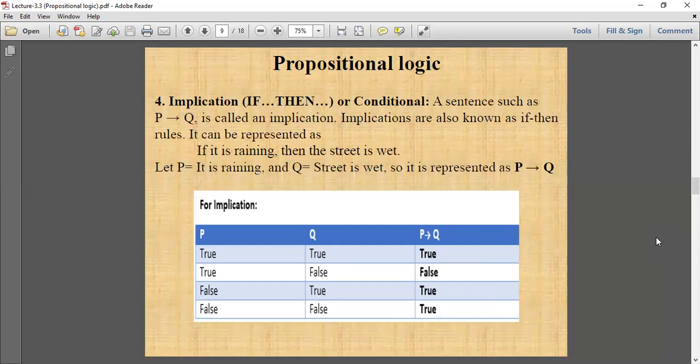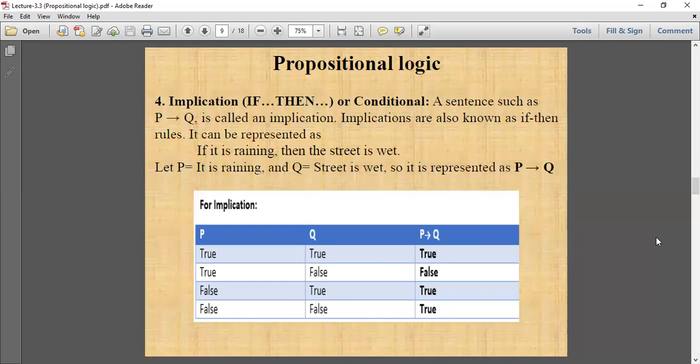Then implication. You can represent it as an if-then statement or conditional. A sentence such as P implication Q is called an implication. Implication is also known as an if-then rule. It can be represented as if it is raining, then street is wet. P is it is raining and Q is street is wet.